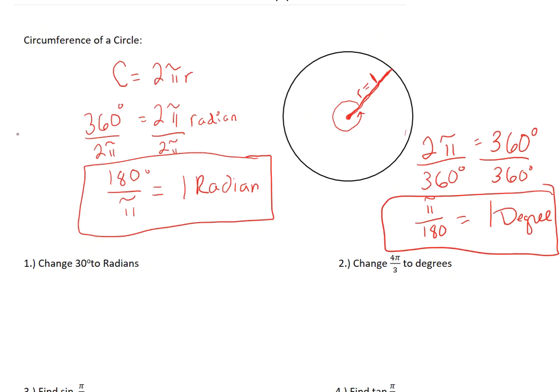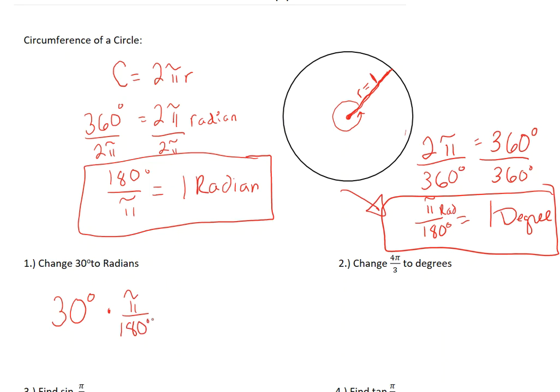The first one is: change 30 degrees to radians. So how do I know which one to use? Well, go back to when you were doing conversions in science before. For 30 degrees to radians, we will use this one over here, times pi over 180.